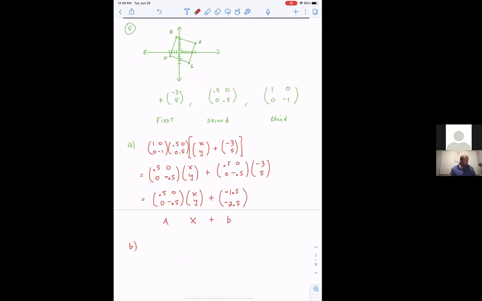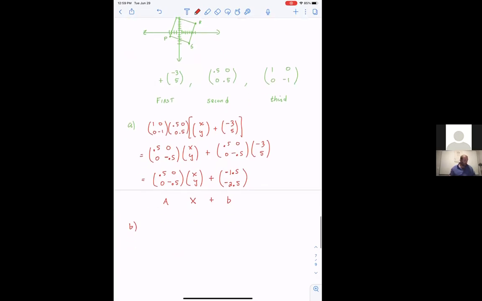With that knowledge under our belt, it says determine the coordinates of P', Q', R', and S'. So for P', we take [0.5, 0; 0, -0.5] and multiply it by P, which is (-4, -2), and then add (-1.5, -2.5). So this gives us (-2, 1) plus (-1.5, -2.5).